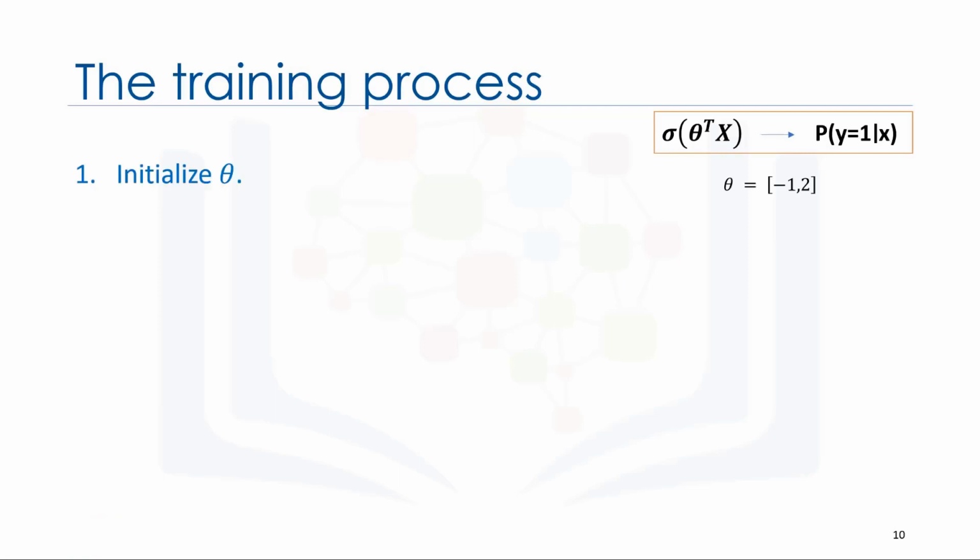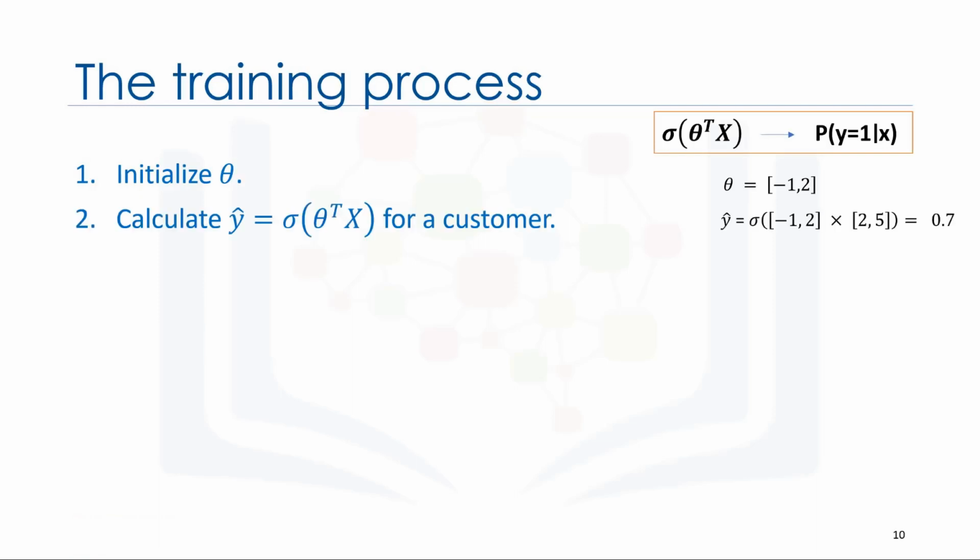Step 1. Initialize theta vector with random values, as with most machine learning algorithms. For example, -1 or 2. Step 2. Calculate the model output, which is sigmoid of theta transpose x for a sample customer in your training set. X in theta transpose x is the feature vector values, for example, the age and income of the customer, for instance, 2 and 5.